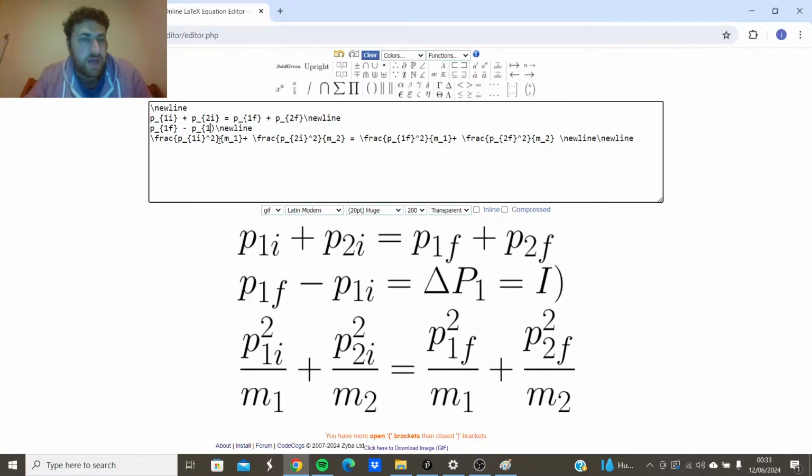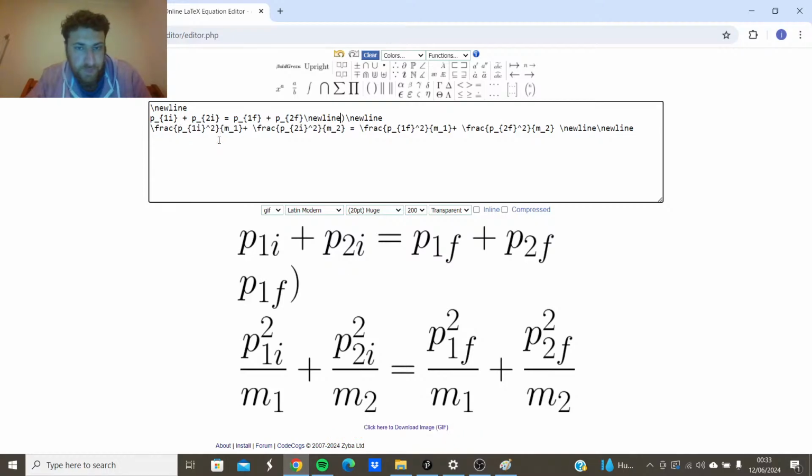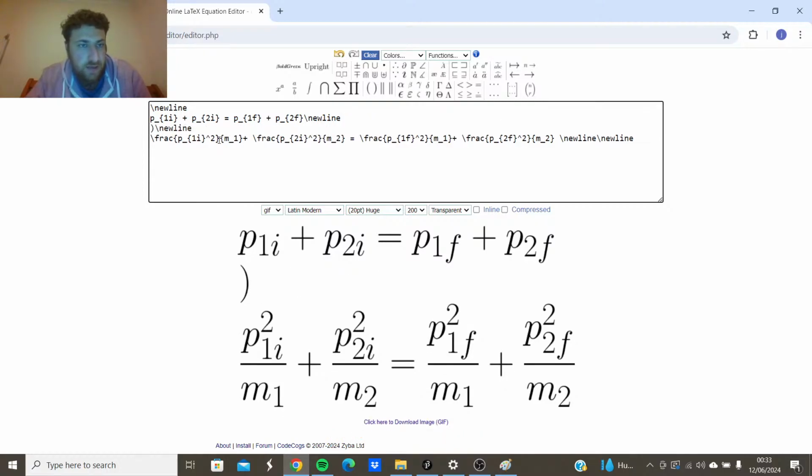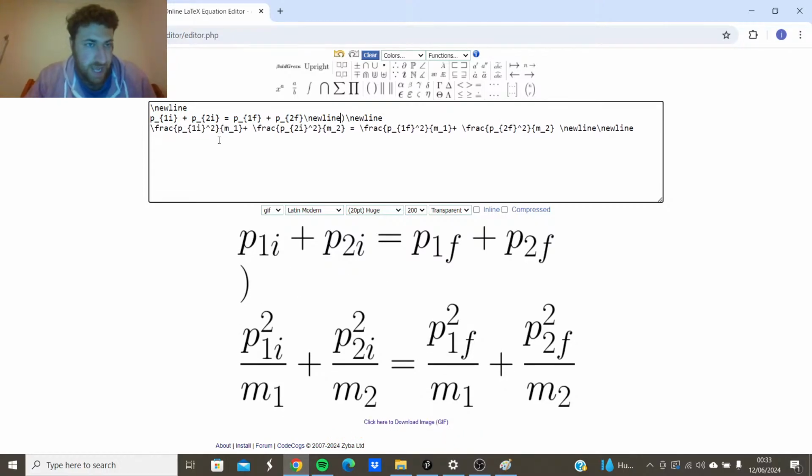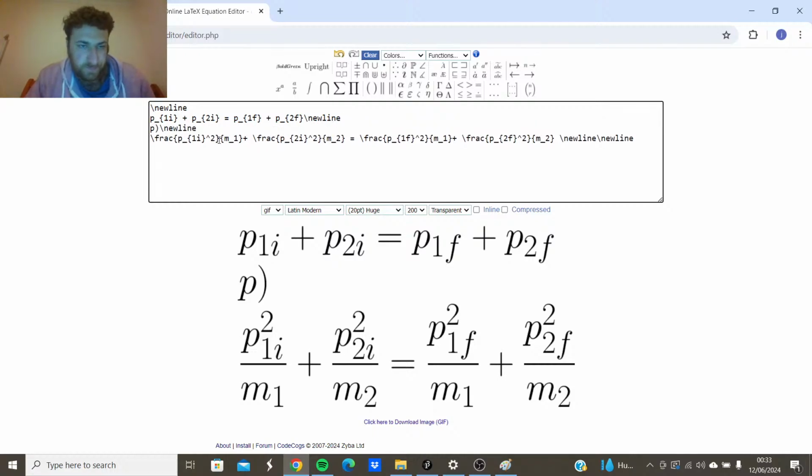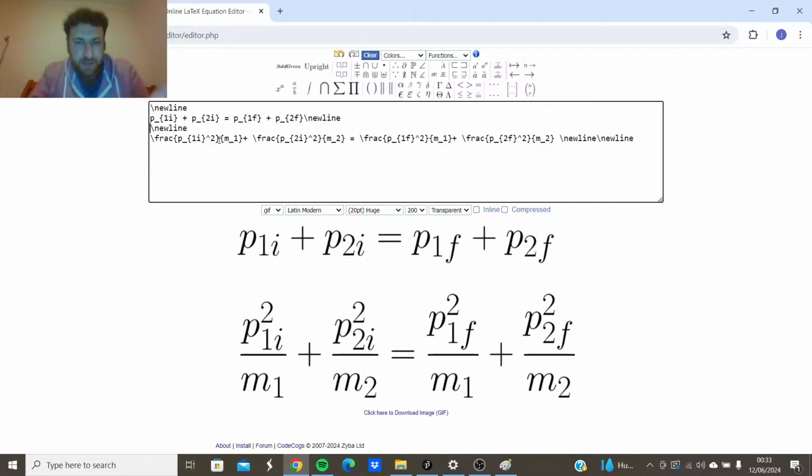Now here's what we're going to do. We're going to take the top equation, and we're going to subtract P1I and P2F from both sides.